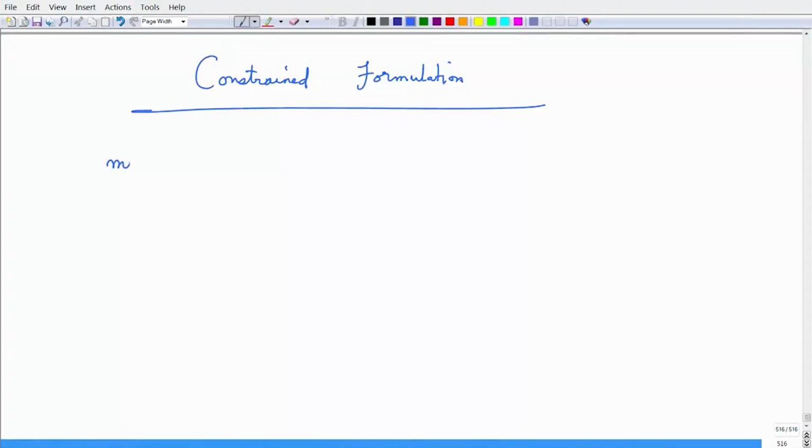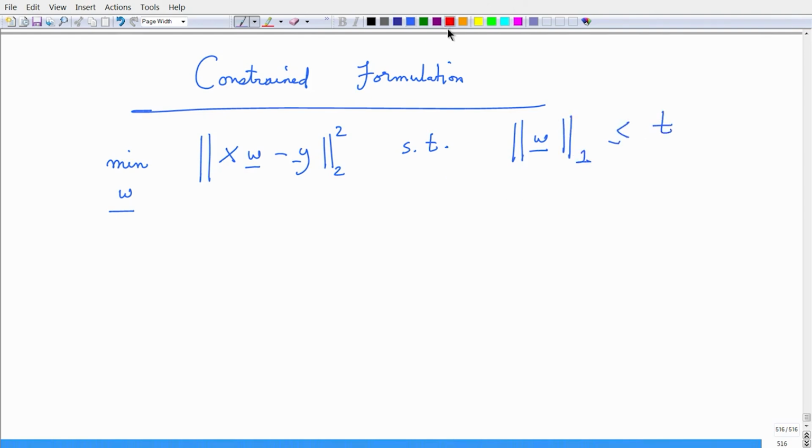Okay. So let us consider the problem here. I want to minimize over all weights this Euclidean norm x w minus y, that is L2 norm squared, subject to the constraint that the L1 norm of w is less than or equal to t, where t is some chosen value.